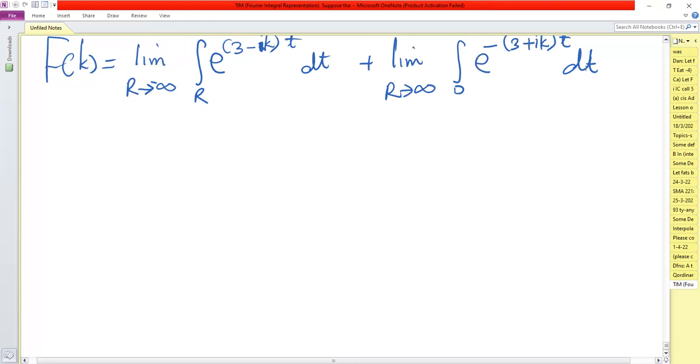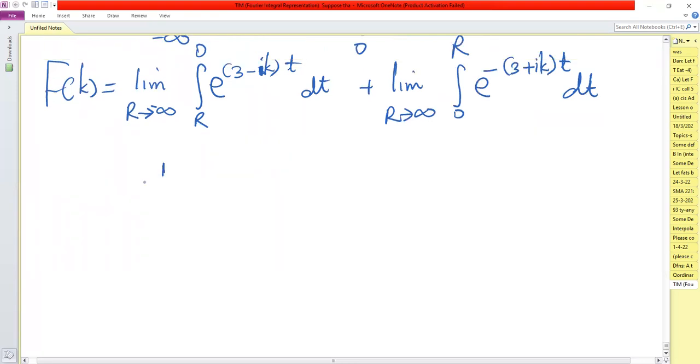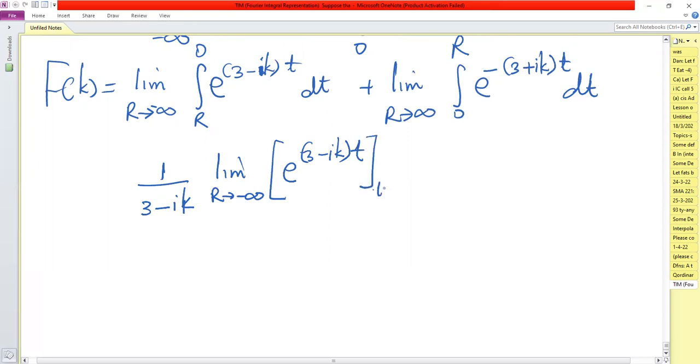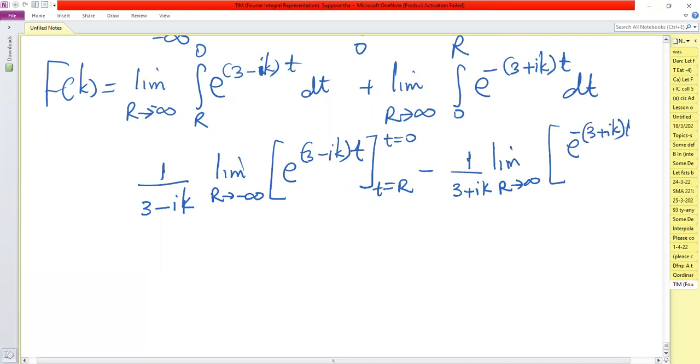Now, using u substitution, this first integral will be 1/(3 − ik) times the limit as r approaches minus infinity of e^((3 − ik)t) from t = r to t = 0. The other one will be minus 1/(3 + ik) times the limit as r approaches infinity of e^(−(3 + ik)t) from t = 0 to t = r.